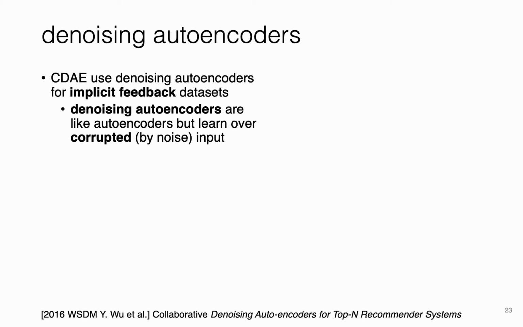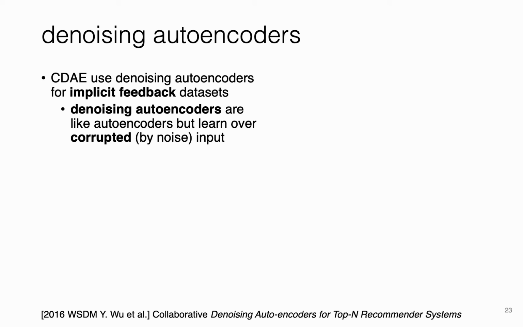The difference is that this type of autoencoders try to learn a more robust representation of the input. It does so by seeing a slightly corrupted version of the input, where some noise is added. And then it tries to decode the original uncorrupted input.